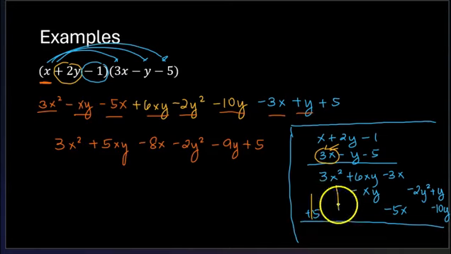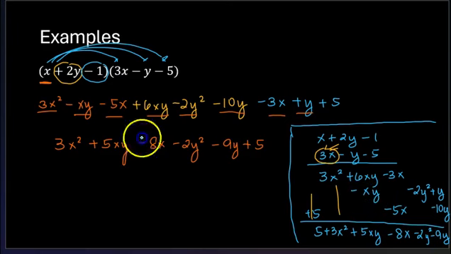You already have everything in the same column, all the like terms. So it's easier to simplify. That's why some people would do this type of solution so that you can easily simplify them. And if you compare, you get the same answer except for the ordering, but it doesn't matter.